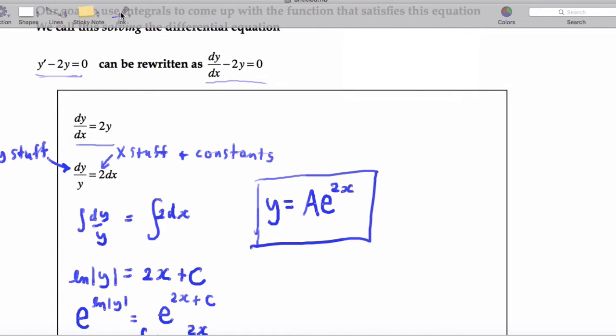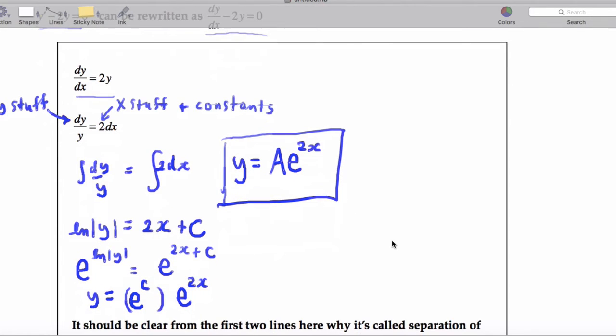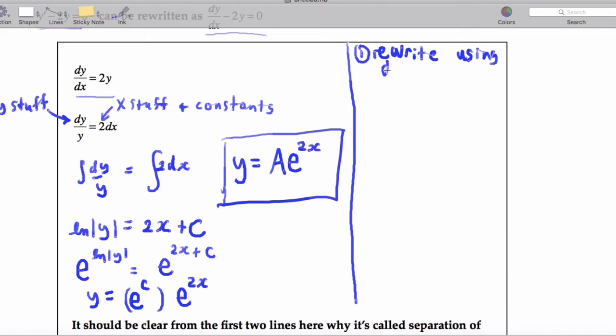I want to lay out a couple of rules in the order of how we do this. So, step 1, rewrite using dy dx. Step 2, separate.